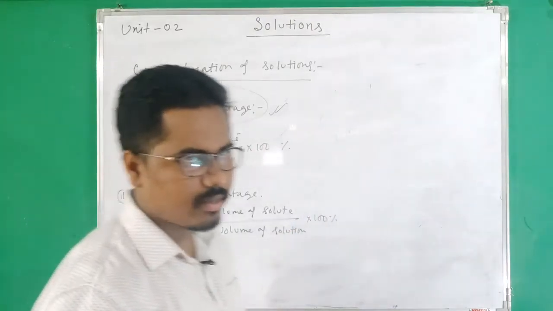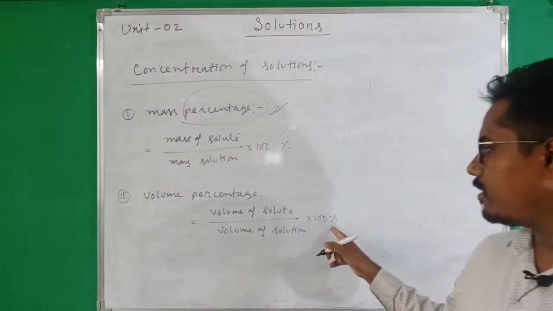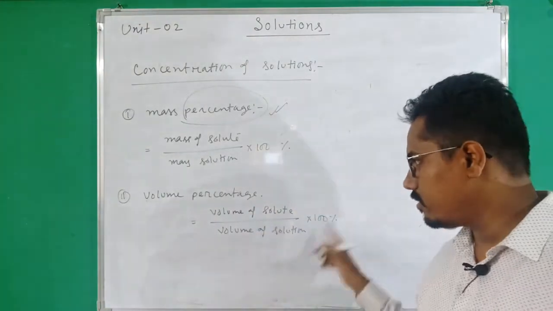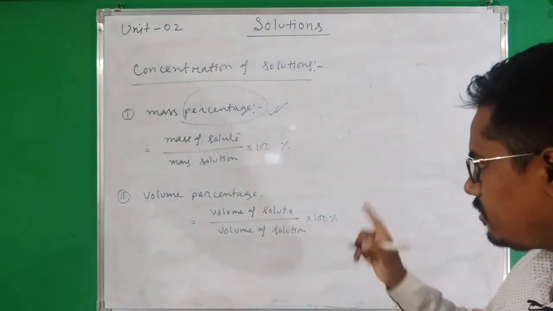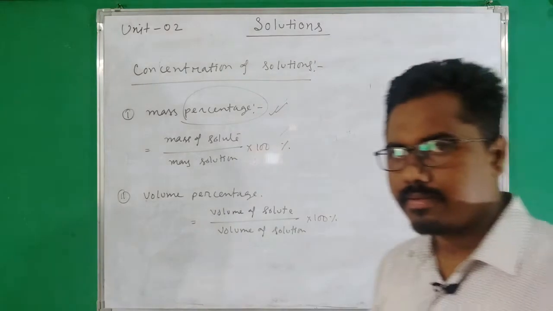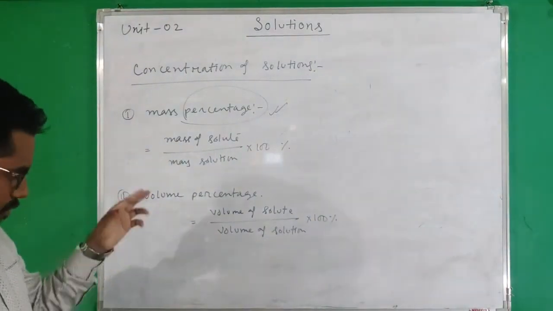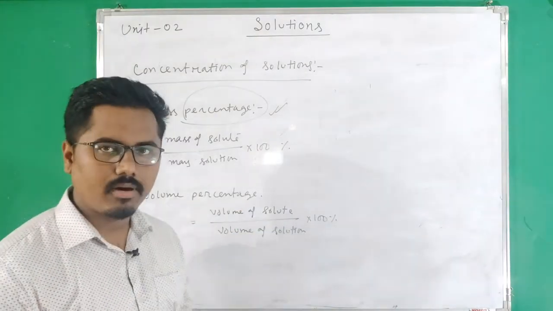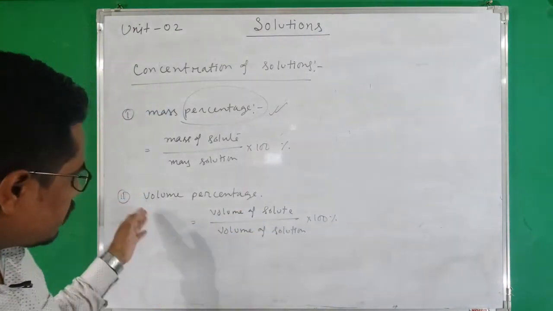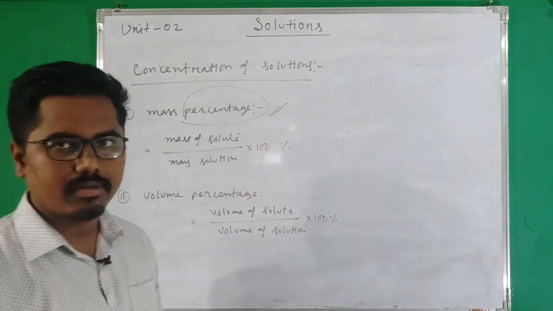That means the volume of solute present in 100 parts of volume of the solution is known as volume percent of that solute in the solution.